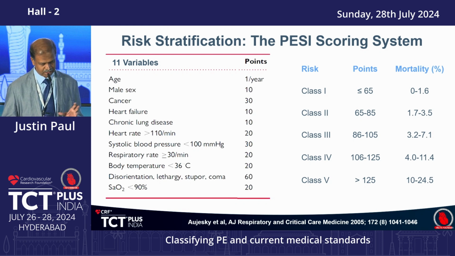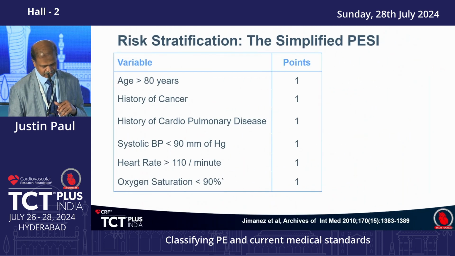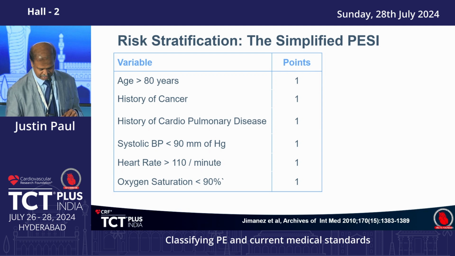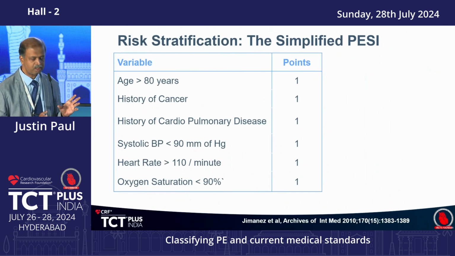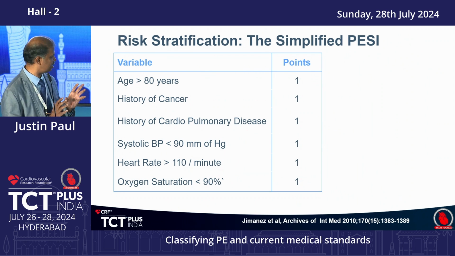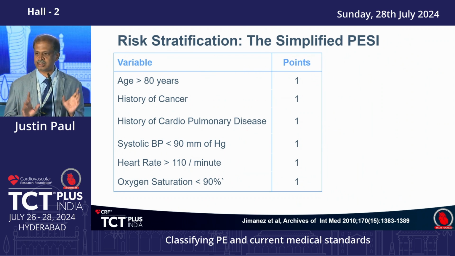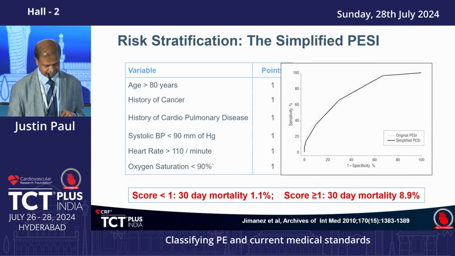The same authors subsequently promoted a simplified PESI score, by the Jimenez group. They did a univariable analysis and removed some parameters that were not significant. They found that if you take just 6 parameters and simplify the scoring system, if the score is more than 0, the patient has a higher risk of mortality in 30 days.